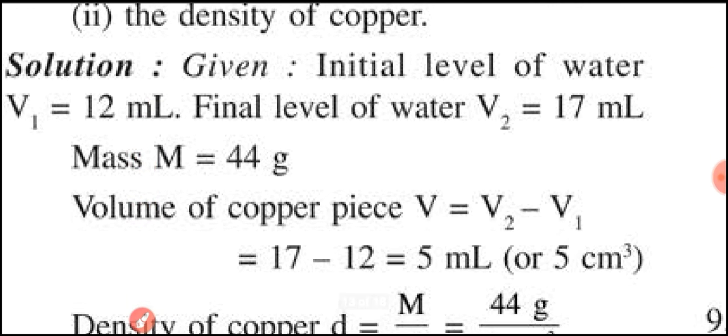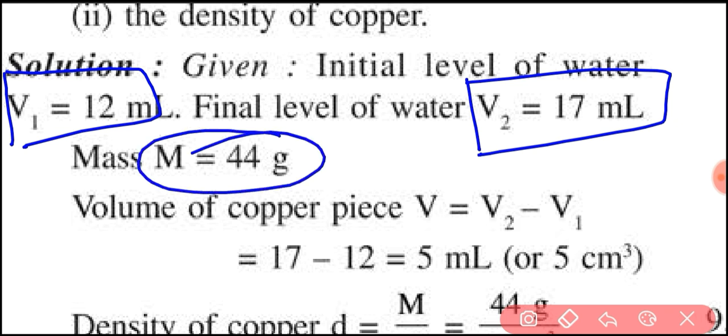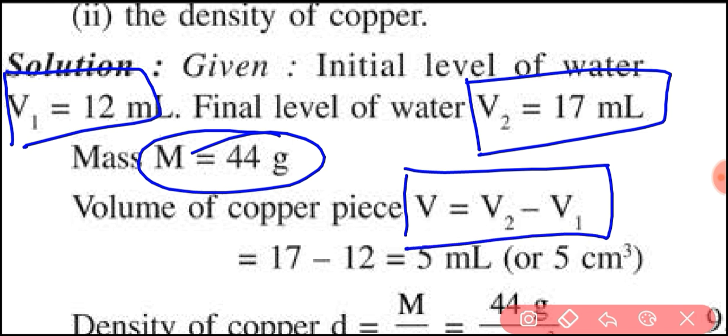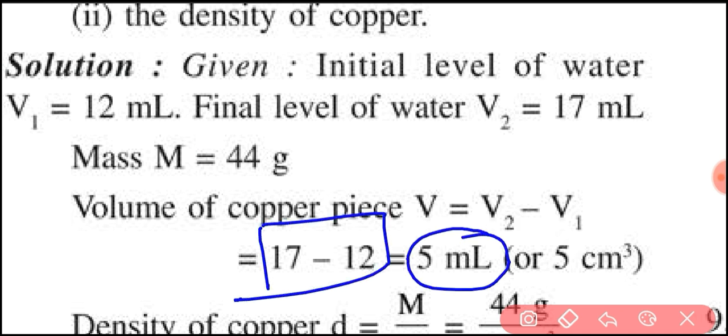So here we know that the initial level of water is V1, 12 ml, then the final level of water is V2, 17 ml. Mass is given, that is 44 gram. Volume can be found out by the relation V is equal to V2 minus V1. Clear? That means 17 minus 12. The answer is 5 ml or 5 centimeter cube.